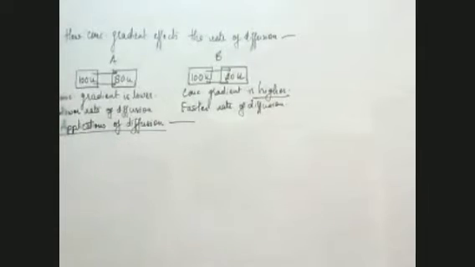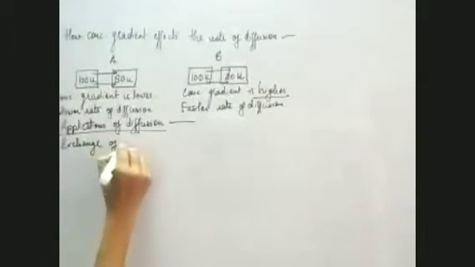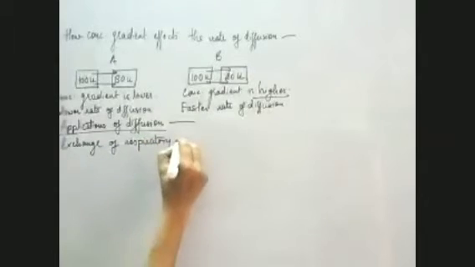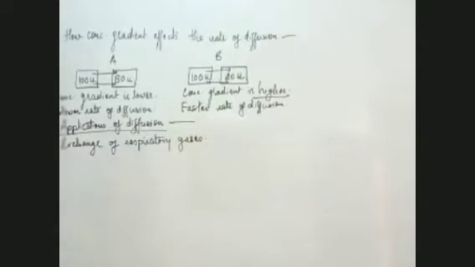Applications of diffusion. Now, the first process where diffusion is observed is exchange of respiratory gases. This takes place in our respiratory system, in our lungs. How does this exchange take place? Outside the lungs, the concentration of oxygen is more, and inside it is less.